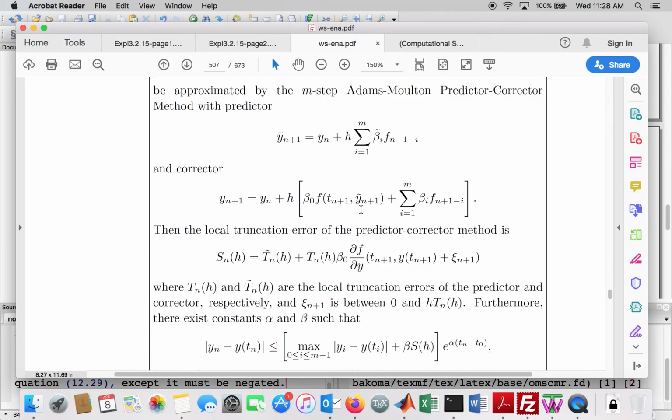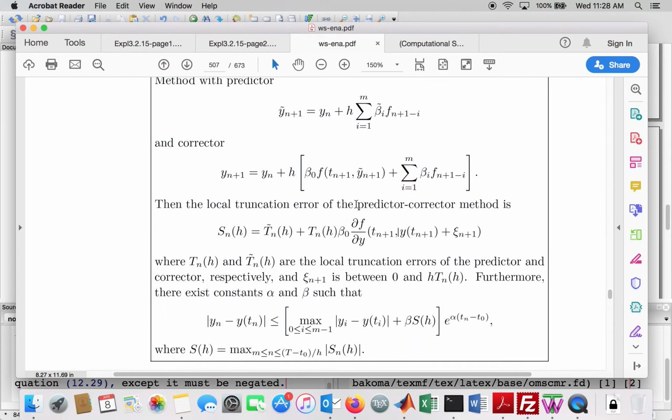So what ends up happening in this case is that this part of the error, the local truncation error for the predictor-corrector method, ends up going to 0, because what you would get from substituting this in here, that part's going to go to 0 as the iteration converges.